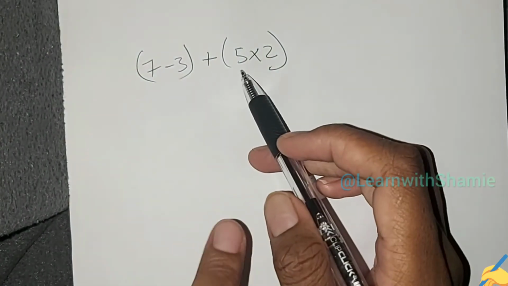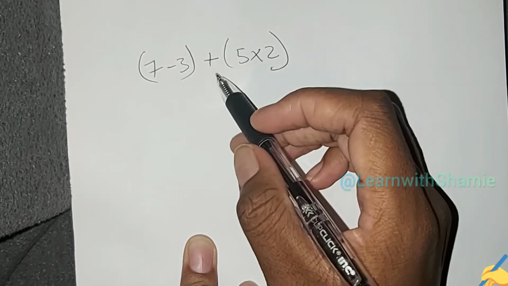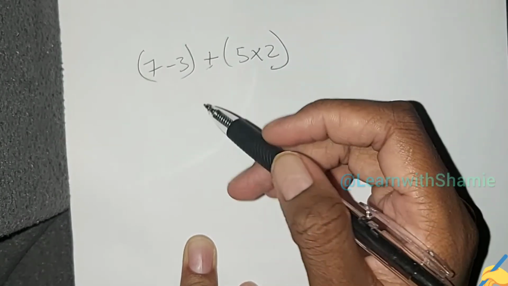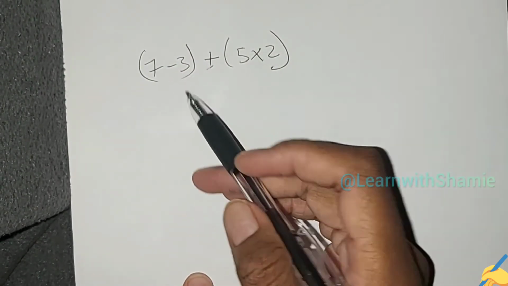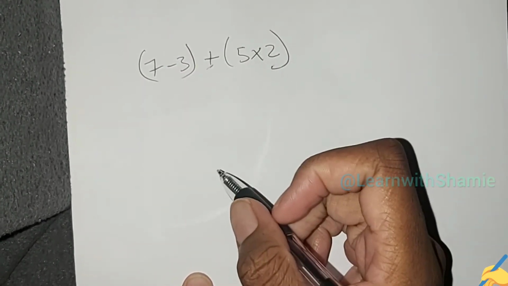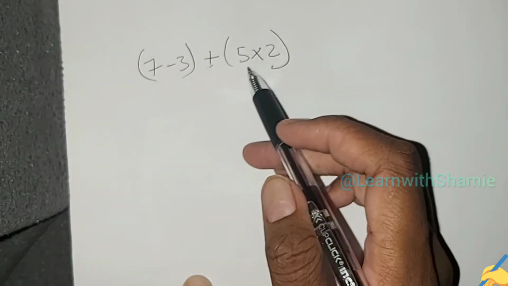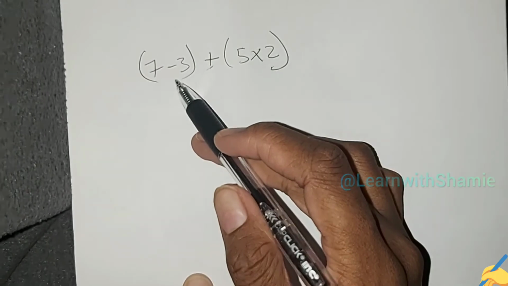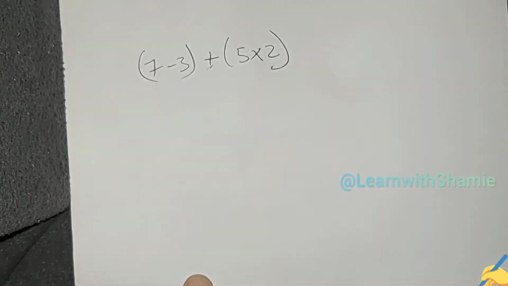So we need to simplify both of our parentheses groups before we can do the addition between them. Please note, it doesn't matter which set of the parentheses you do first. You just need to do everything inside the parentheses before you do anything outside of the parentheses.